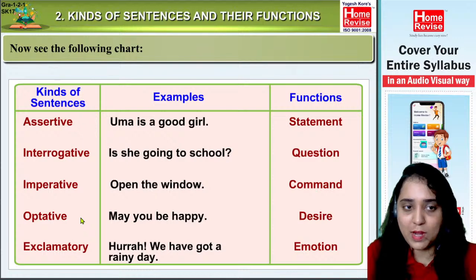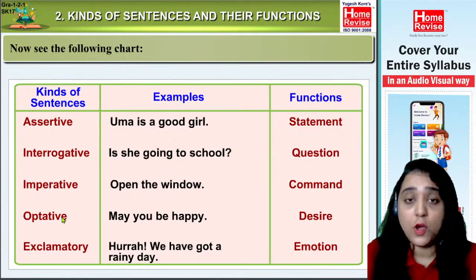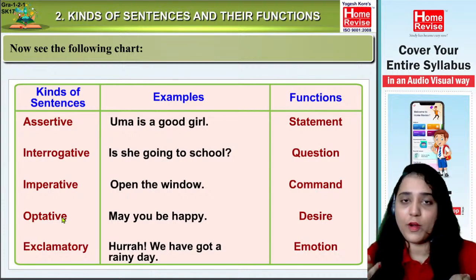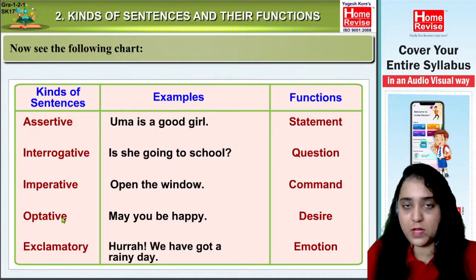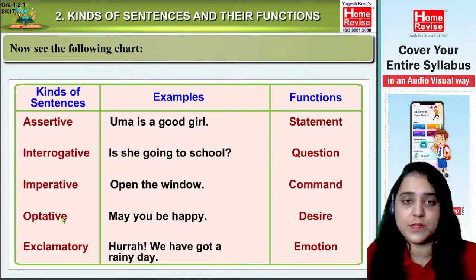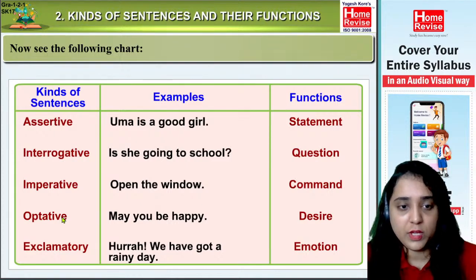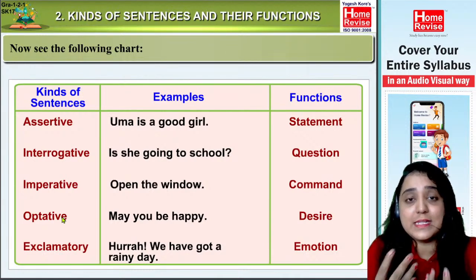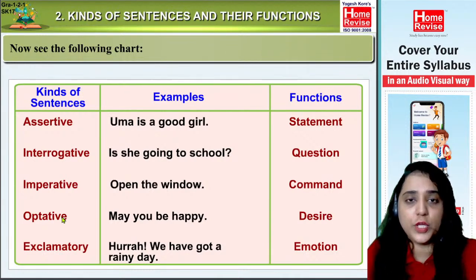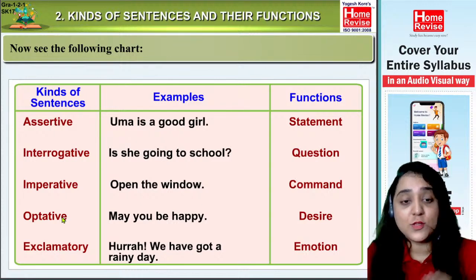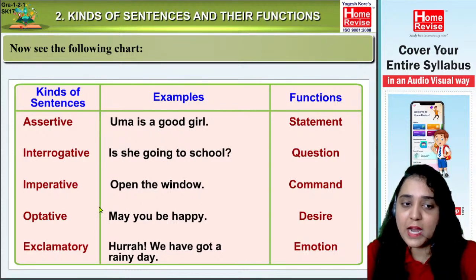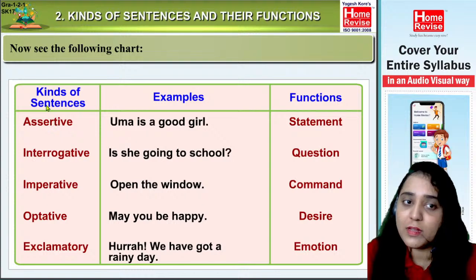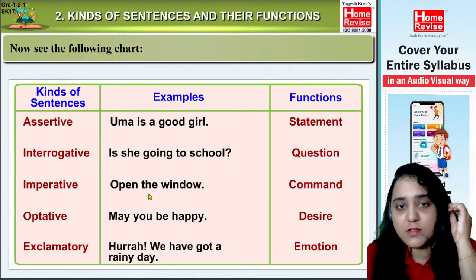Coming to the next part, the fourth kind of sentence, that is optative. Optative is prayer or desire. आपका कुछ wish होगा, आपका कुछ desire होगा, वैसा कोई sentence होता है, so it is called optative. Here it is written as may you be happy. Now this is a desire from my side to you. So as this is a desire, it comes under the optative kind of sentence and the function is of desire.